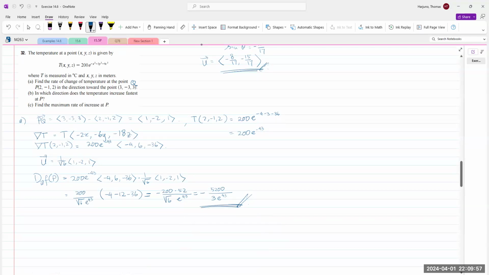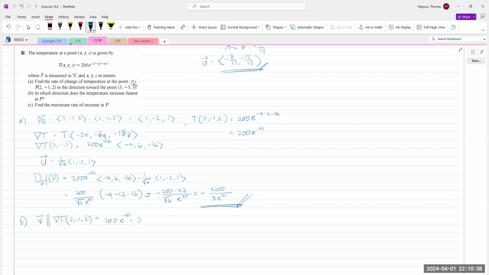That's for part A. Part B. While it is very cold, imagine you are at this coordinate 2, negative 1, 2 with this temperature function. Which direction should you run to increase your temperature the fastest? Of course, the direction will be parallel to the gradient at that point, which is 200 e to the negative 43.